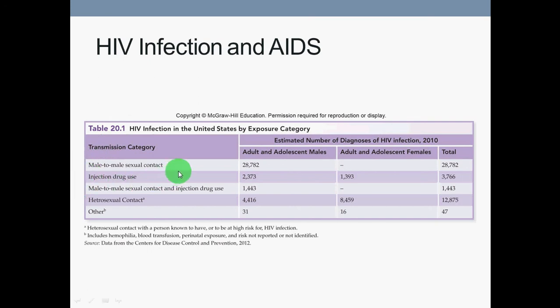Injecting drug use is also a major way that people can acquire HIV. But if you see here, heterosexual contact is also a major way to acquire HIV. So just because you're not gay doesn't mean you can't get HIV. Anybody can get it.